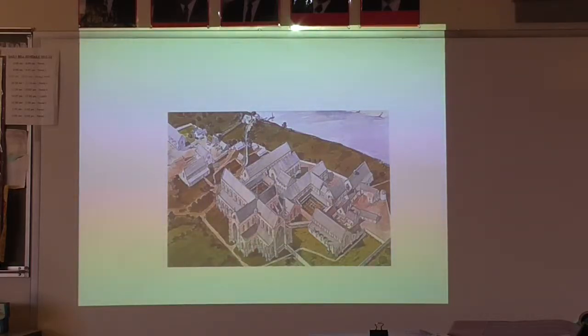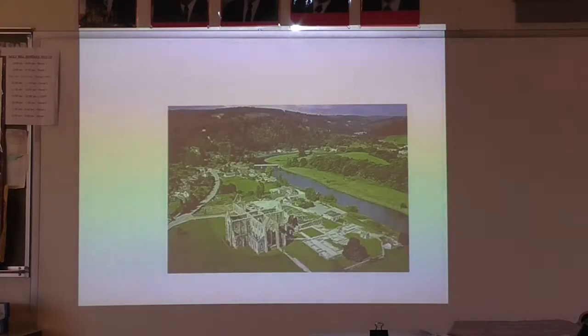This is a picture drawing of what the cathedral looked like in its heyday, when it had full construction and all of that. Up at the top is the River Wye, and that's today a modern picture taken obviously from elevation.